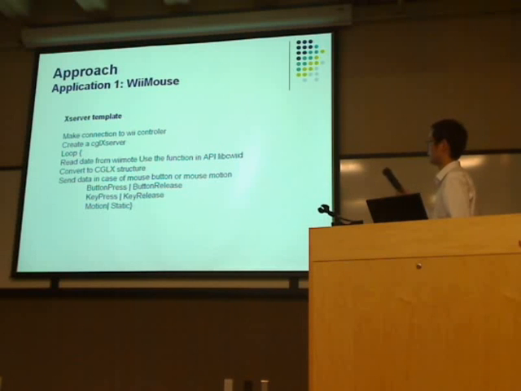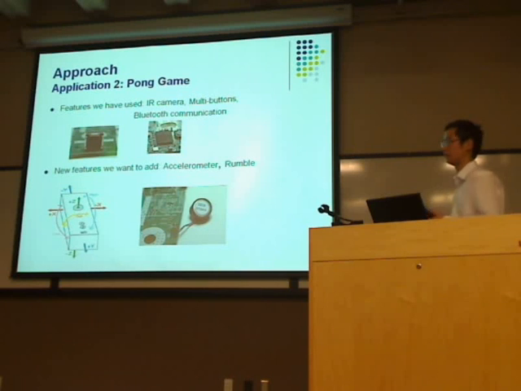In the loop, we continue to read the data from the Wii remote and convert it to the CGLX structure. Then we send the data package when some event happens, like button press, button release, or the mouse moving and staying static. So the VMouse is successfully created.